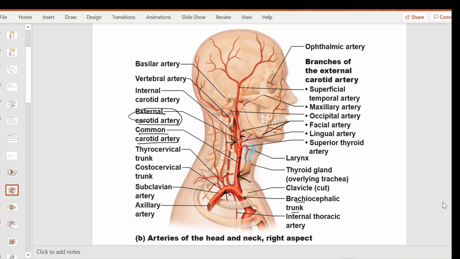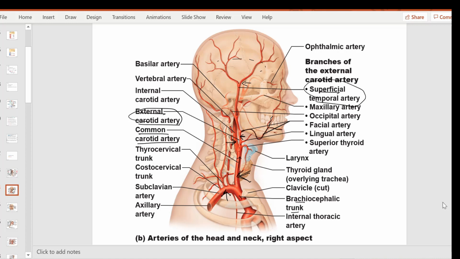Okay, so you see here, this is a branch of external carotid that goes to the face, so facial artery, and this one goes to the temporal area of the head, so superficial temporal artery. Make sense?